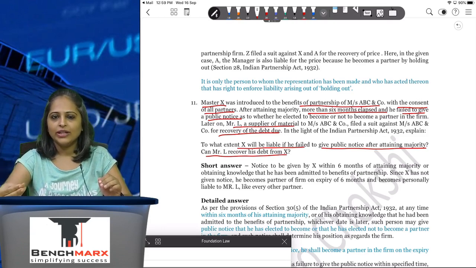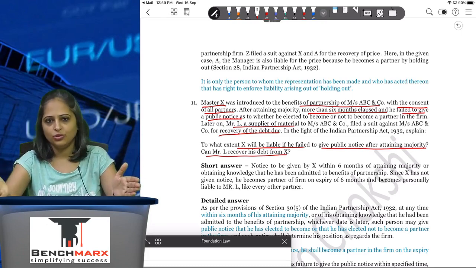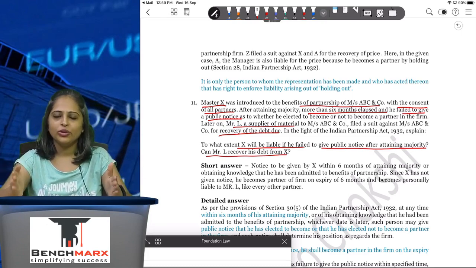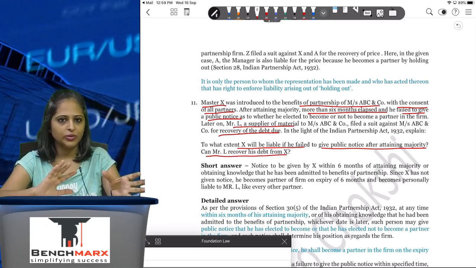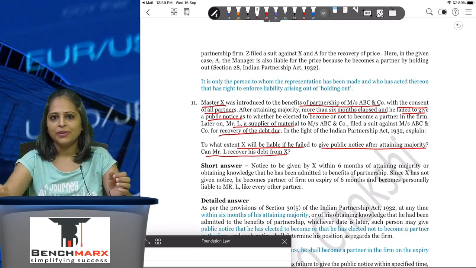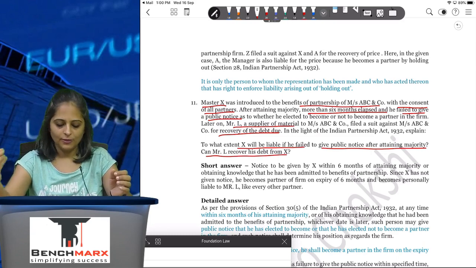Now, once you attain majority, within 6 months of attaining of majority, you will have to give a public notice saying whether you want to be a partner or you don't want to be a partner. If you don't give that public notice, you become a partner from the date that 6 months expires, and your share in the firm, your profit sharing ratio, shares in the assets will be the same as it were when you were a minor, and you will be personally liable for all the acts of the firm.